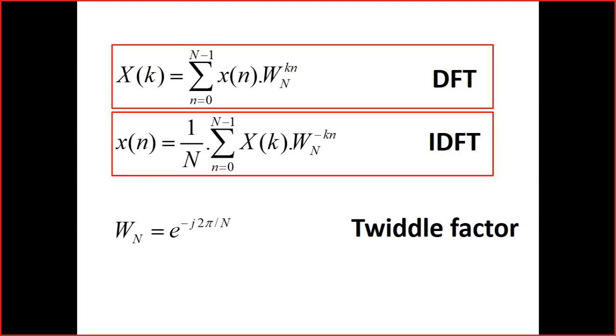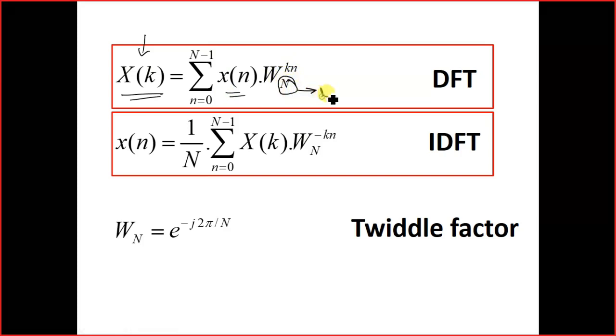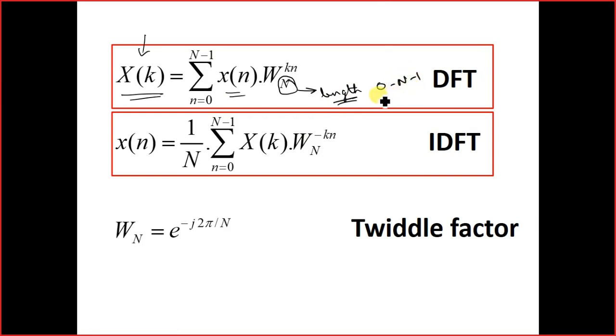Now, if you look into the DFT, which is the forward transform, X of k is regarded as the frequency spectrum component. It is given by the summation of n equals 0 to N minus 1 of x of n W_N to the power kn, where this capital N is the length of the signal, and it varies from 0 to N minus 1.